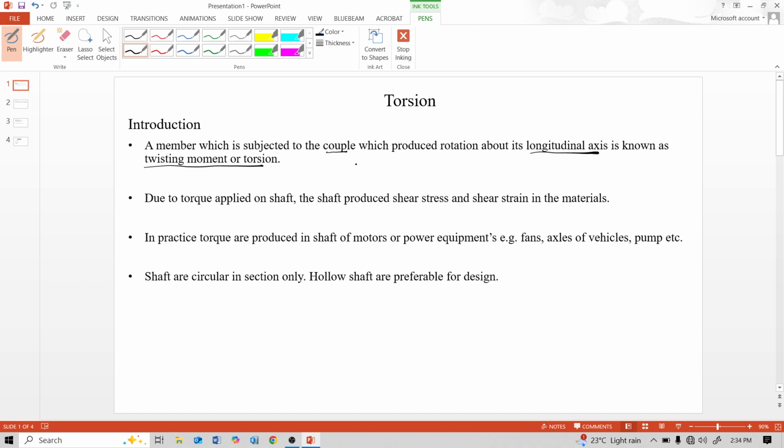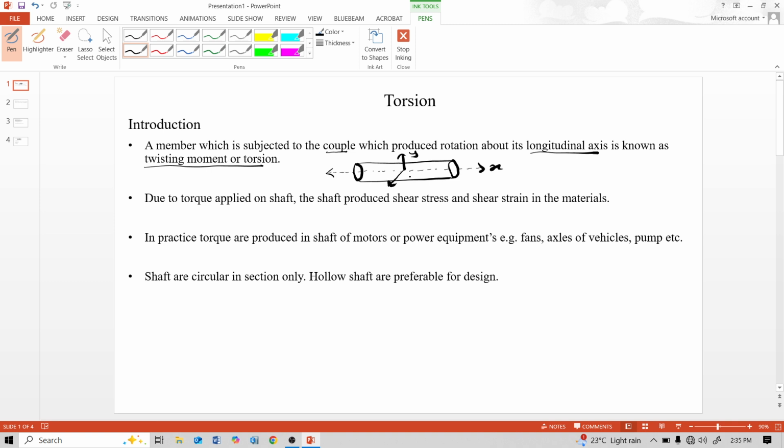Consider this member as a circular shaft. This dotted axis is the longitudinal axis for this shaft, and this is the x-axis. Consider this longitudinal axis as the x-axis and the vertical axis as the y-axis.